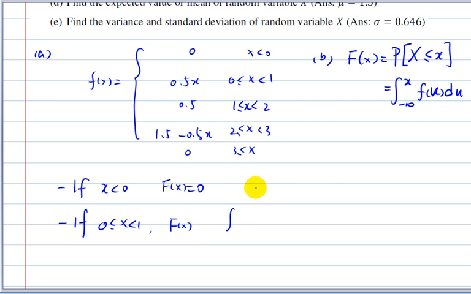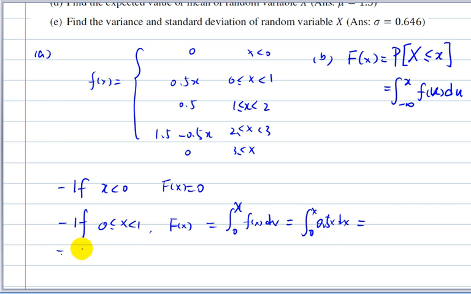Your integration becomes 0 to x, of f of x dx. But what's the f of x value between 0 and 1? Look at that here, it's 0.5x. Integrate this one, and apparently you'll be able to do that.